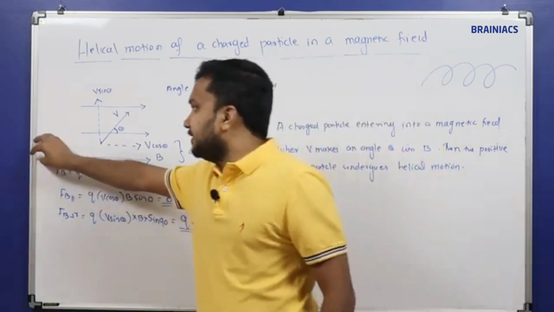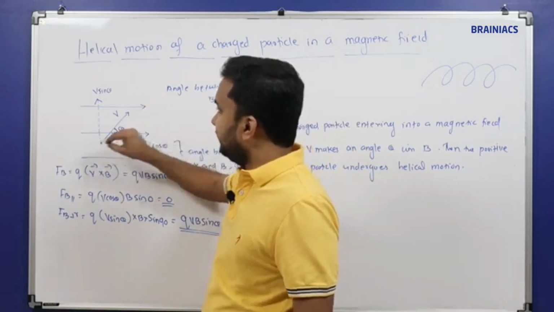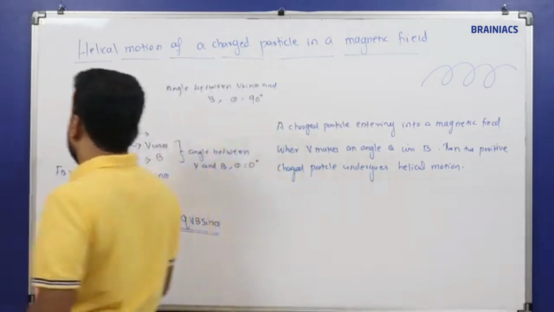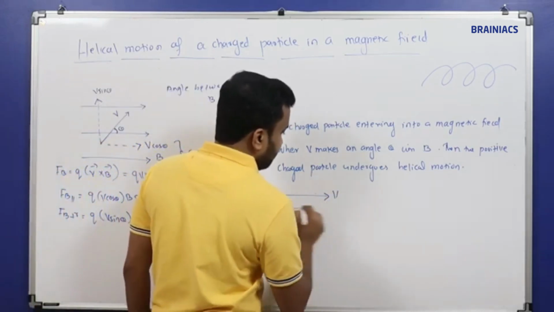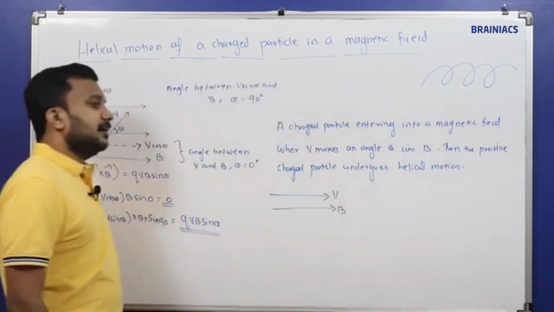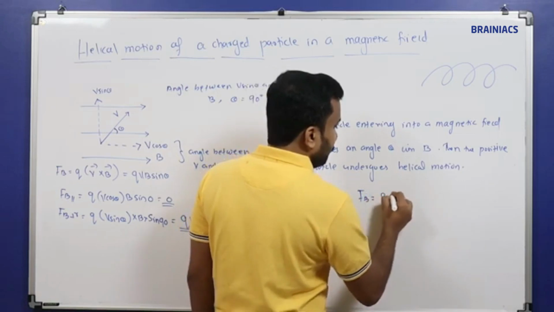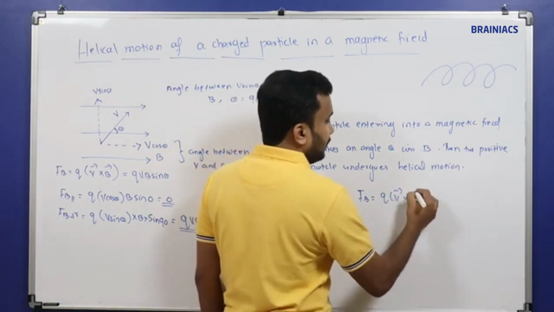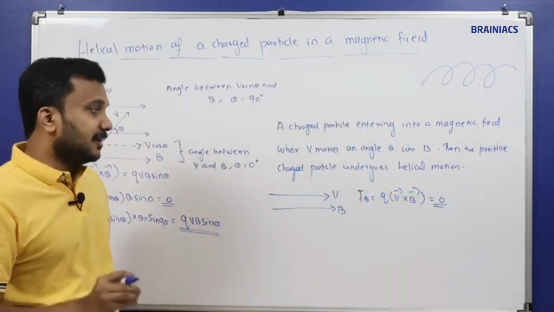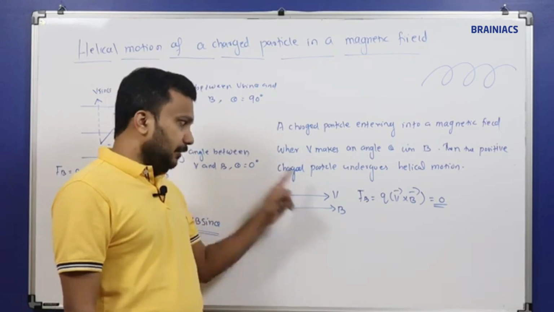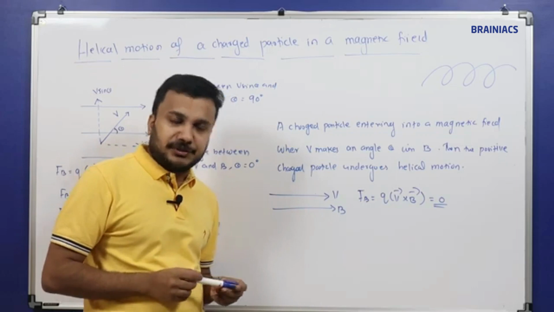If a charged particle is entering parallel to the magnetic field, suppose velocity is like this and magnetic field like this, what is the angle between V and B? The angle between V and B will be equal to 0. So we get Q into V cross B equal to 0. Hence no magnetic force is acting on the charged particle if velocity and magnetic field are parallel to each other.